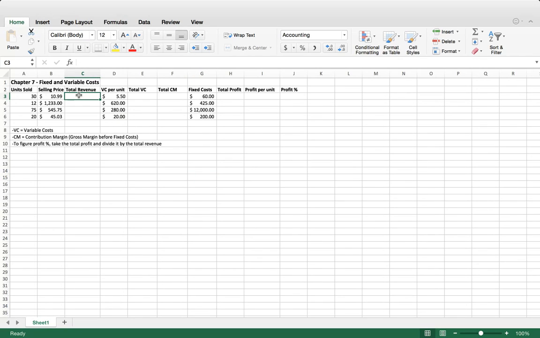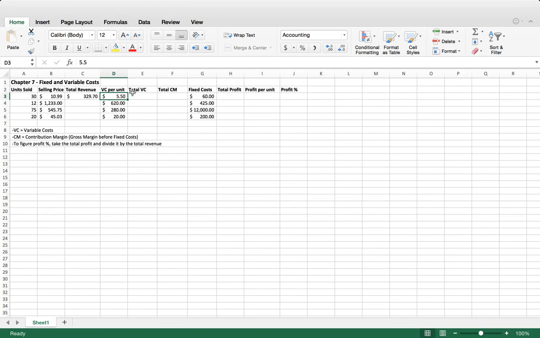To figure out the total revenue, we simply take the selling price and multiply that by the units sold, and that gets us $329.70.